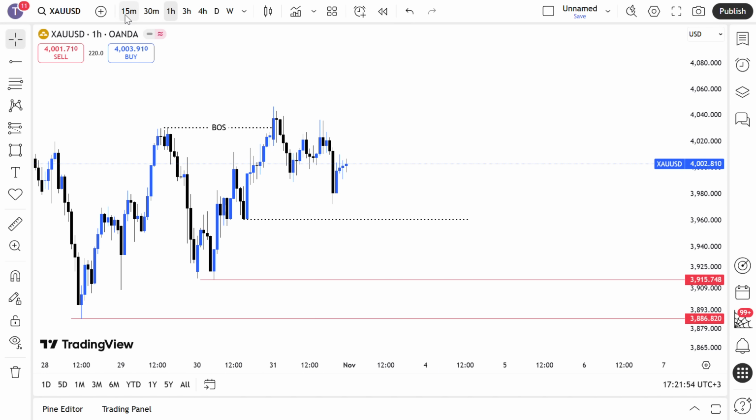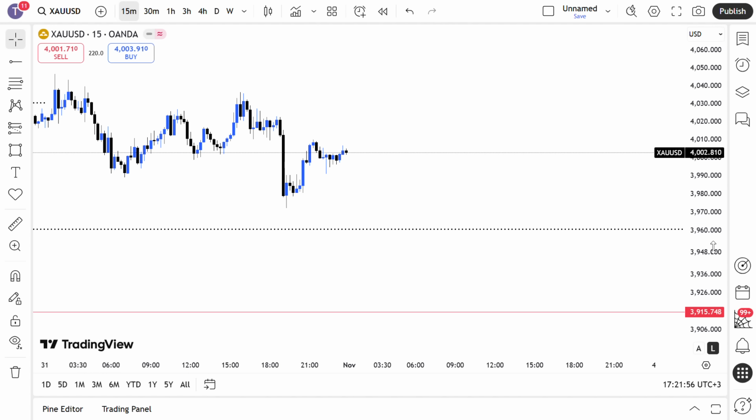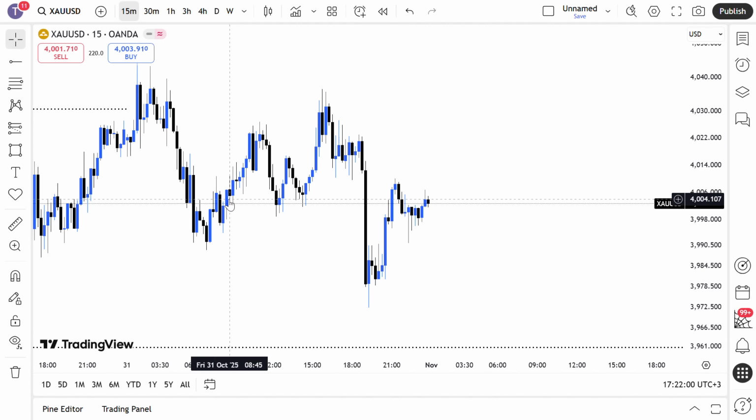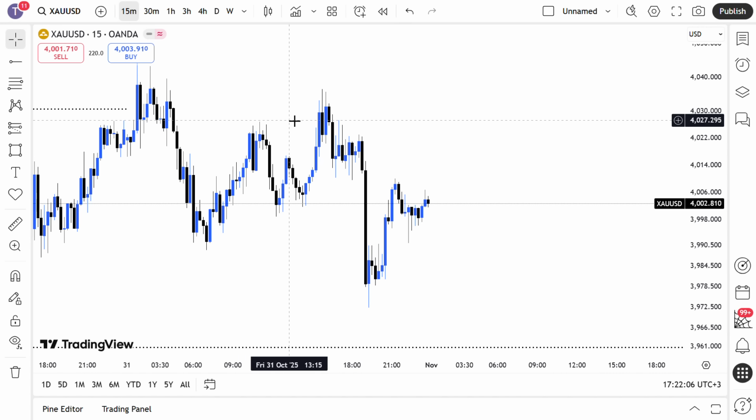So, if I come into the 15 minutes time frame, I want to read the structure currently, and because we had this internal structure, we have this internal structure to the upside, and this was a valid break of structure because the market came back down to take the internal structures at this point and went back up to break another structure.